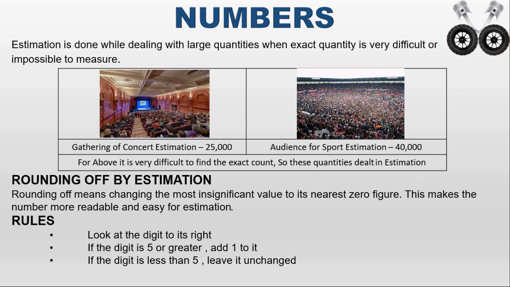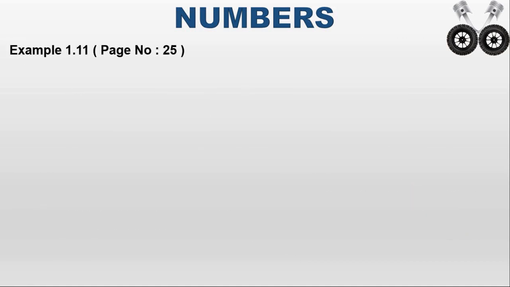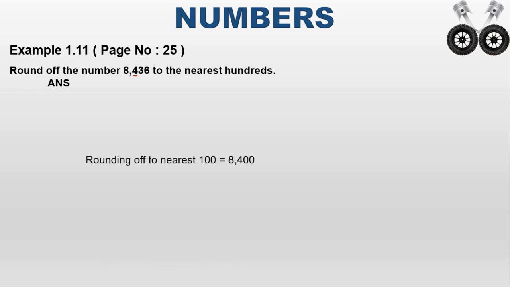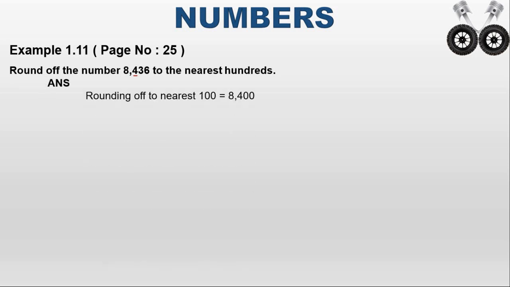Okay, so we will see some examples here. Example 1.11, page number 25. Round off the number 8436 to the nearest 100. What is the 100 position here? Ones, tens, 100. So we have to round the number to the nearest zeros.